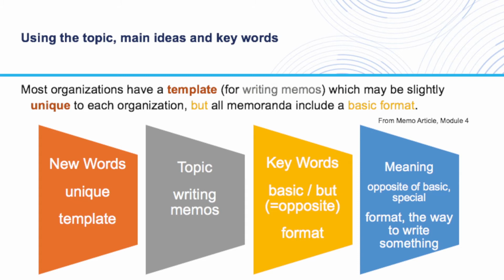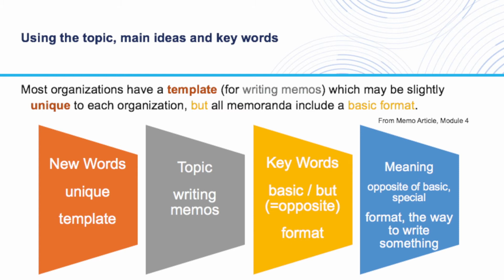Let's look at an example from your reading memo article in this module. You will see two new words, unique and template. If you look at the topics, you will see that we are talking about writing memos.